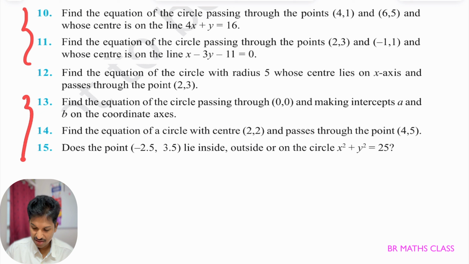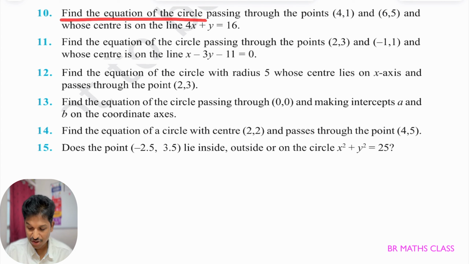You see here, these 6 problems are remaining. In this class, we are going to do these 6 problems. You observe this question number 10 and question number 11. They are similar. In these two questions, what they are asking, find equation of the circle. In both the questions, they are asking, find the equation of a circle. Which circle?